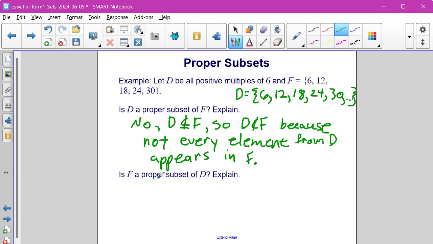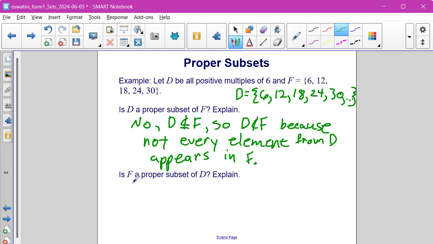Now let's reverse this. Is F a proper subset of D? Explain. Well, F starts with 6, 12, 18, 24, and stops at 30. D has all of those same elements, and then it continues, and it'll have 36, 42, 48, and so on.